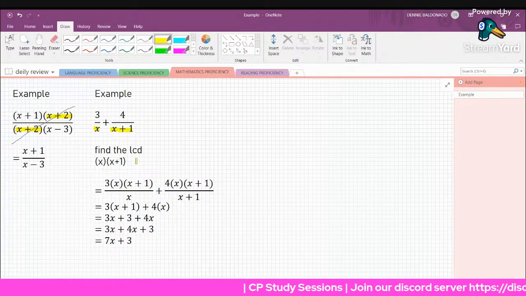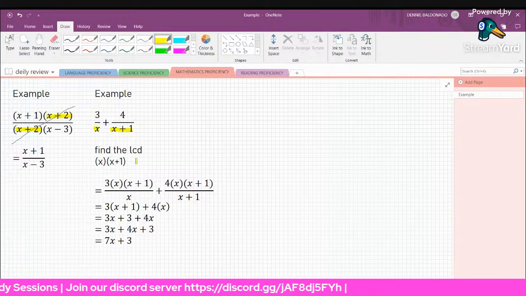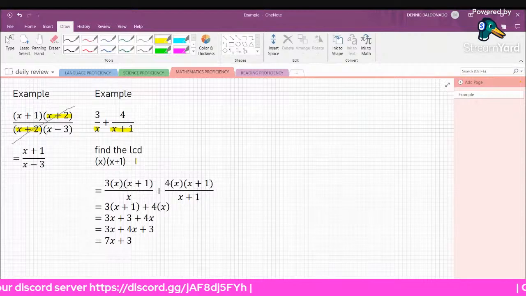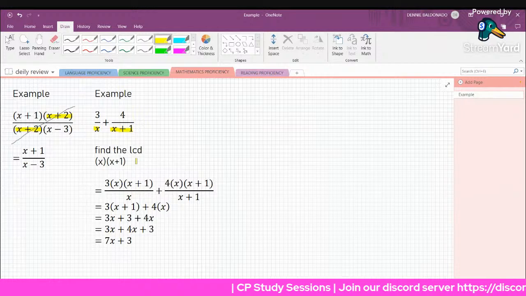So, katulad ng ginagawa natin sa pag-rewrite ng fractions na dissimilar yung denominator, ganun lang din yung gagawin natin dito.